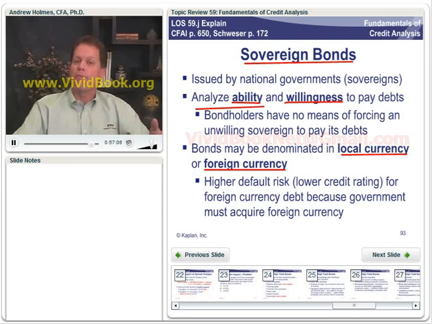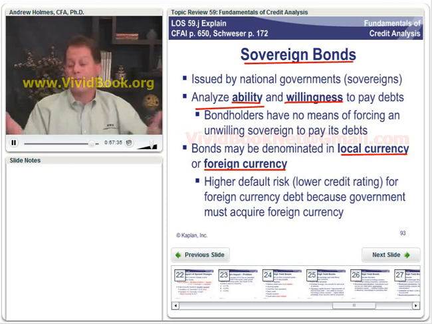Either way they can do that, and these two different types of bonds, local currency and foreign currency, will probably have two different ratings, but the rating on the local currency is going to be the ceiling, right? There's a higher default risk on foreign currency bonds, because in addition to all the risks that you have with local currency bonds, with foreign currency you also have to worry about the sovereign coming up with the foreign currency.